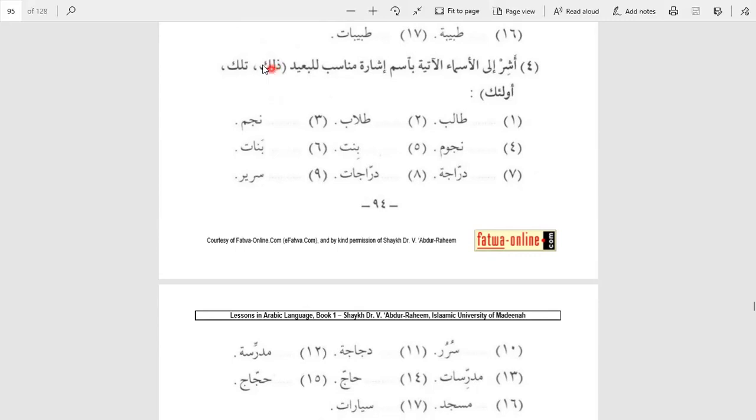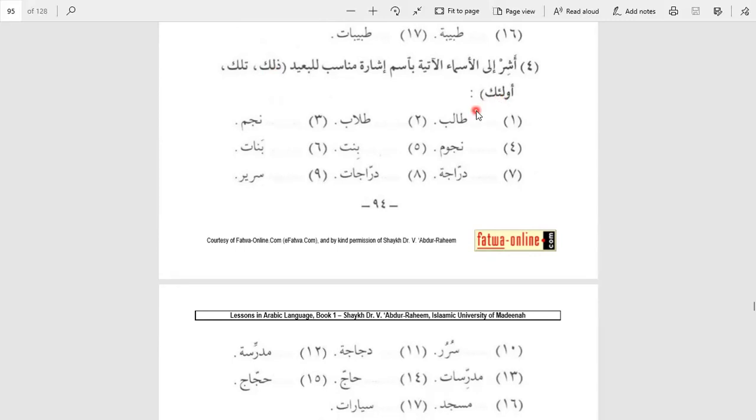We say dalika. And tilka, kuli jamu mu'annath, all feminine things we use tilka. So I've given you a hint. Ulaika we use for both feminine and masculine akil, not khayl, but akil.